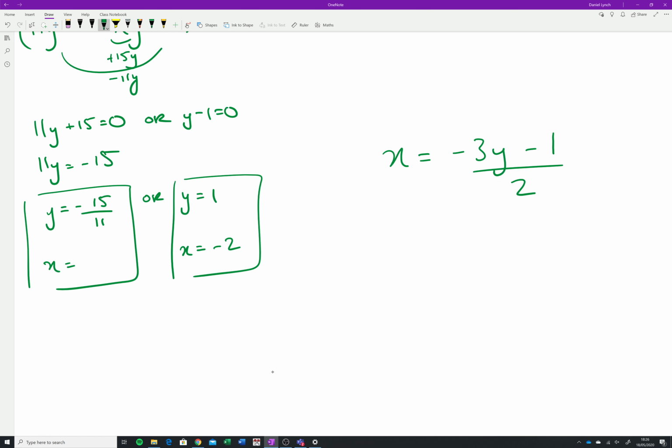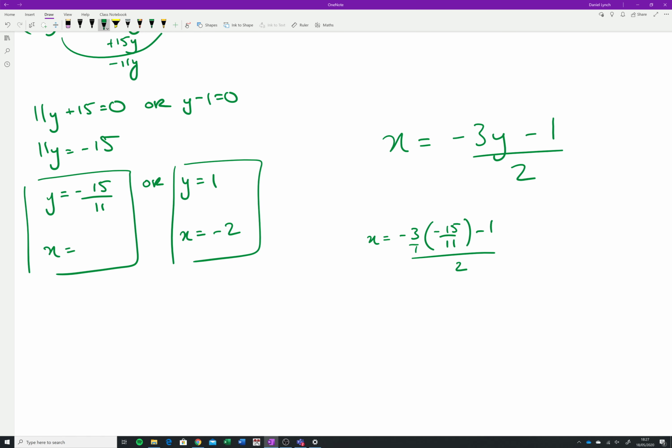And the other answer, oh, well, shall we just get a calculator? I think we'll just get a calculator. You know what? Let's not get a calculator. No, I'm putting that back. Okay, x is equal to minus 3 times y, which is minus 15 over 11, minus 1 over 2. Okay, top by top, bottom by bottom. What do we have? X is equal to top by top, 45 over 11 minus 1.